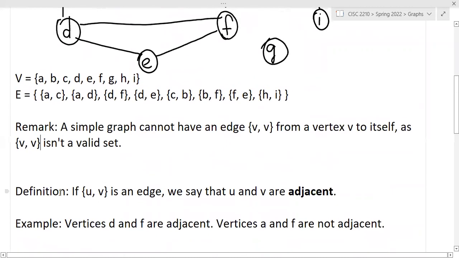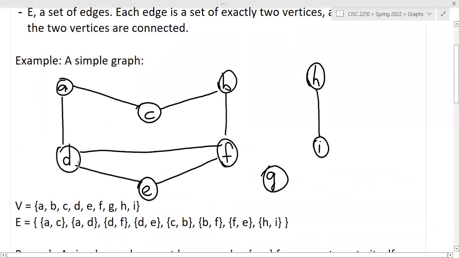All right, now another definition. If we have an edge, remember an edge is a set of two vertices, and it indicates that the two vertices are connected to each other. So if we have this edge, U comma V, then we say that U and V are adjacent. So D and F, these two vertices, are adjacent because there is an edge connecting them.